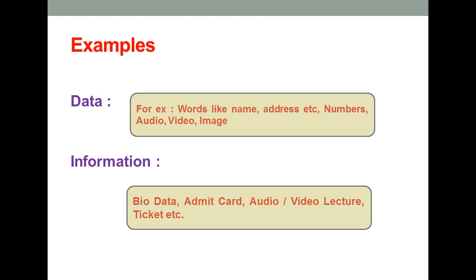At that time the scanned photograph is working as data, and this is one example of data in the case of an image. And the ticket or the application form which you have generated after filling in that form will be known as information at that time.